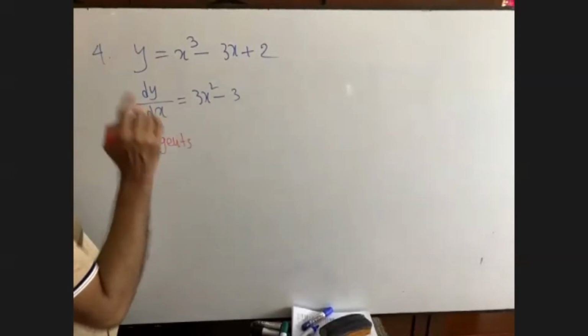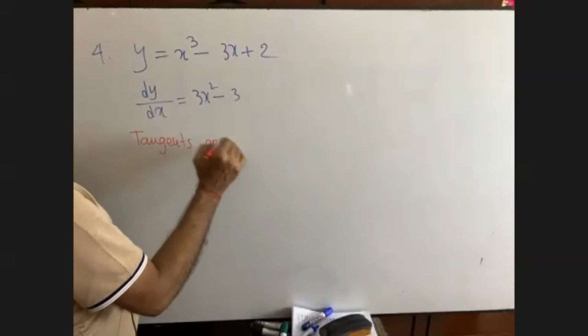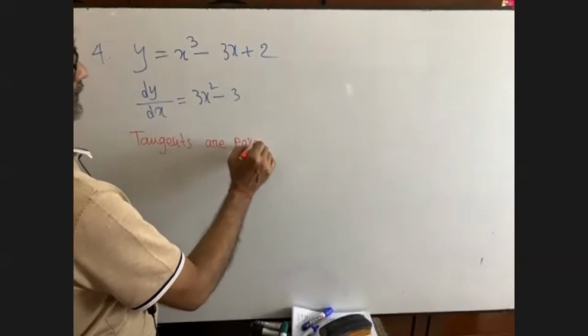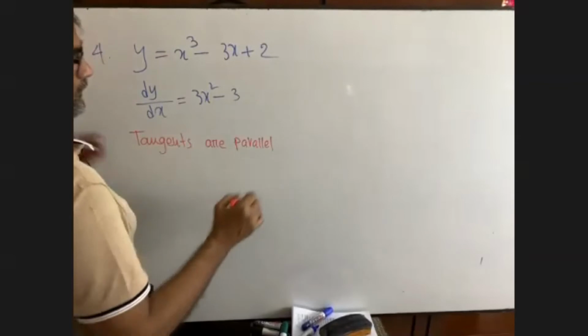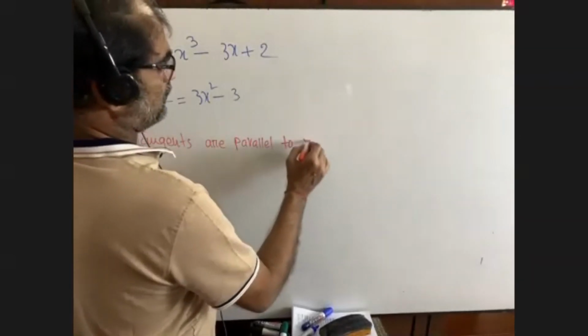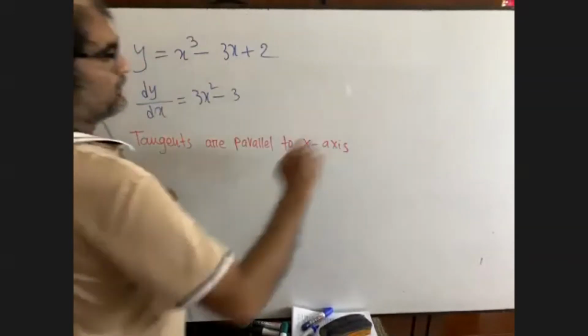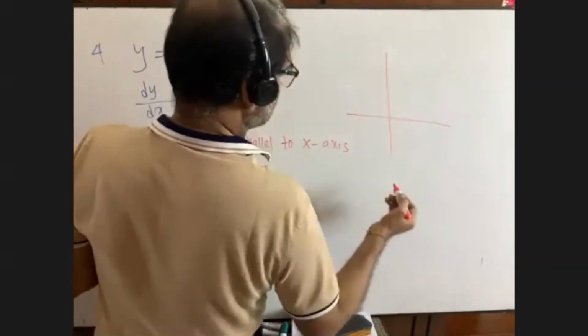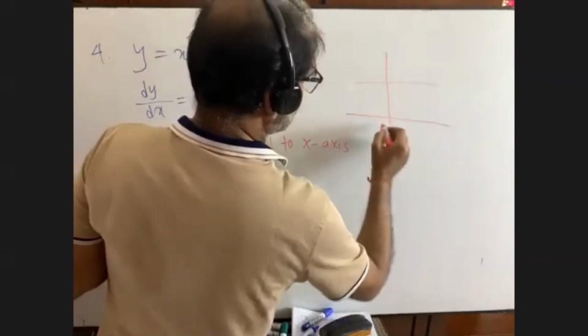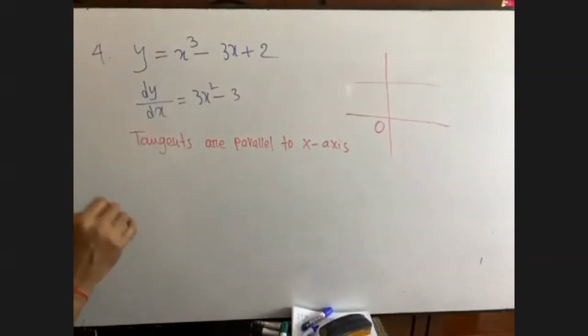What is meant by this? Parallel to x-axis means slope 0. Am I right?